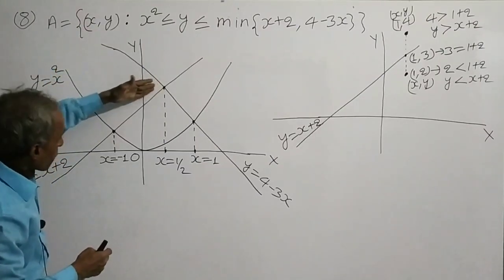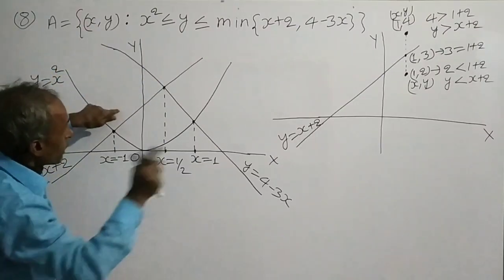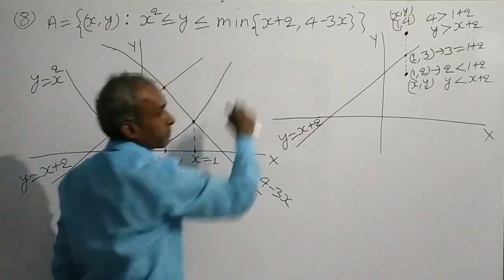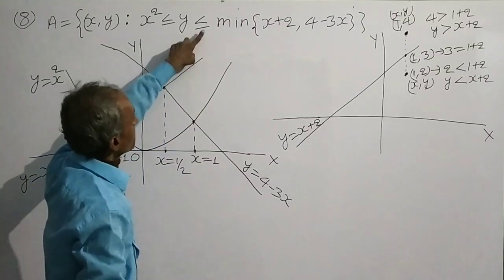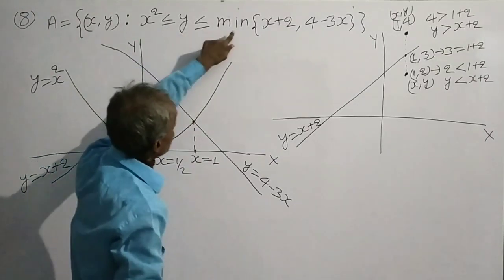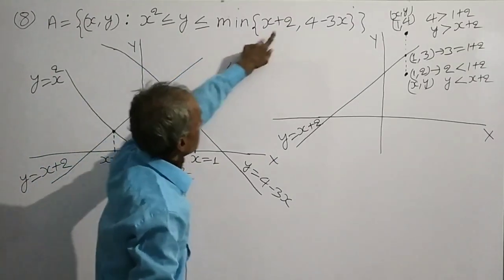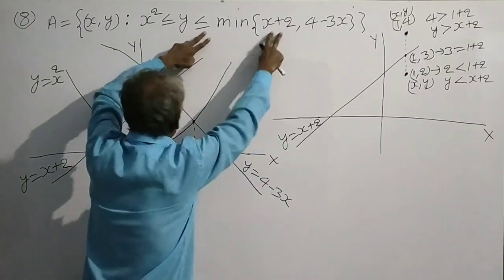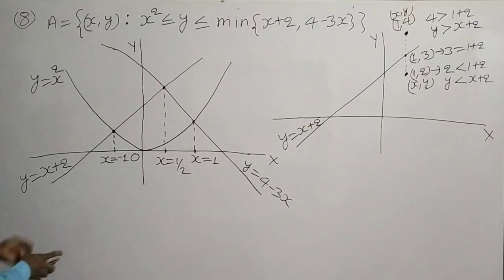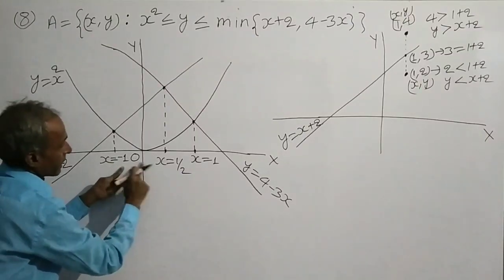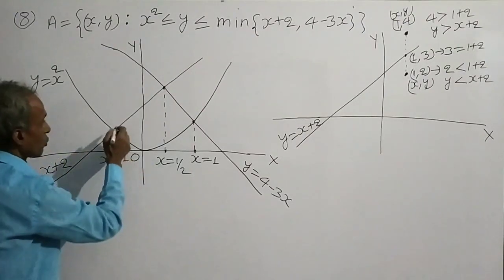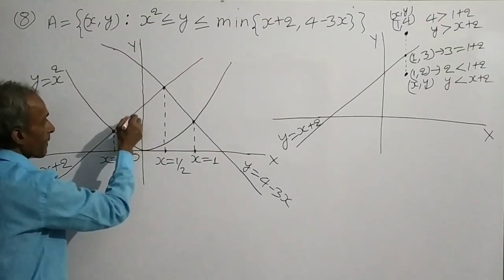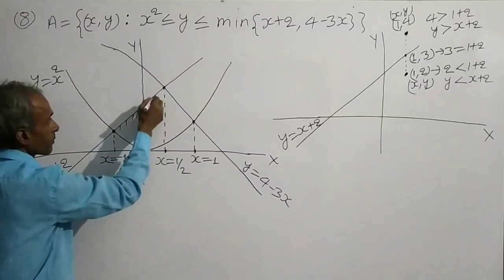Therefore, the height from this line will be minimum, that means x plus 2 will be minimum. And y should be less than or equal to the minimum of these two. That means y should be less than or equal to x plus 2. So from x coordinate minus 1 to x coordinate 1 by 2, we have to take the area below this line.